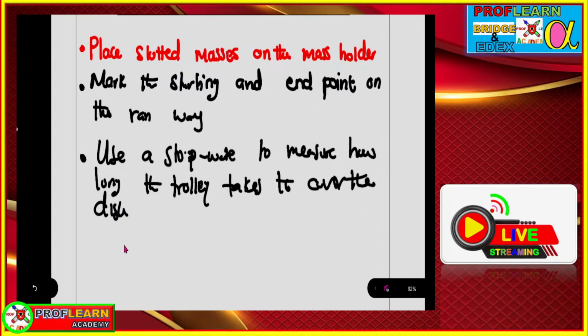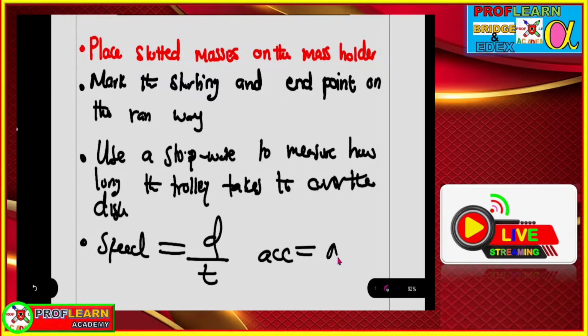And in that case, you can work out speed, which is distance over time, and also you can work out acceleration, which is equal to change in velocity over change in time.